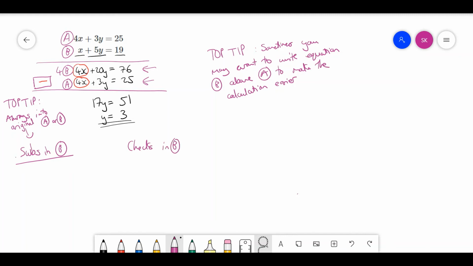Subs in A, checks, sorry, subs in B, checks in A. And make sure we're substituting into the original A and B, not the ones that we've multiplied. So let's write out B. Instead of y, I'm writing my solution for y, which was 3.